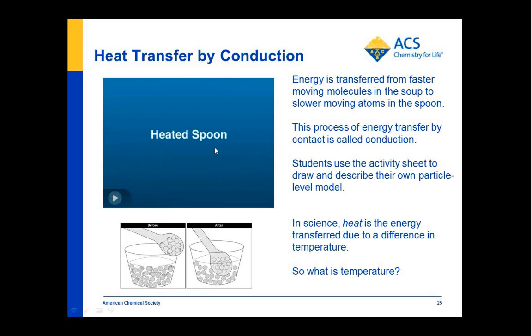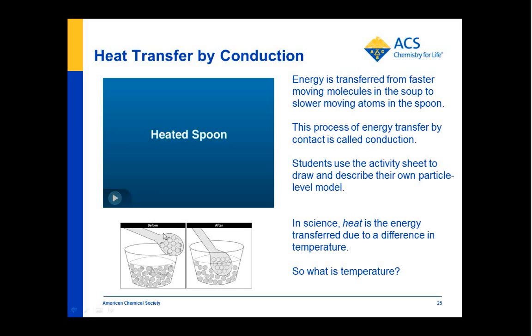The spoon was room temperature to begin with. The soup was hot. So the heat moved, or you could say the energy was transferred from something that was hotter, the soup, to something that was cooler, the spoon, and heated it up. And as always, we use the student activity sheet for kids to make their own motion lines to show what happened.